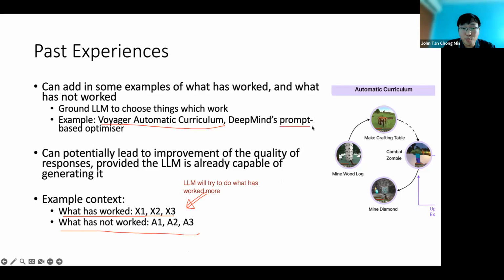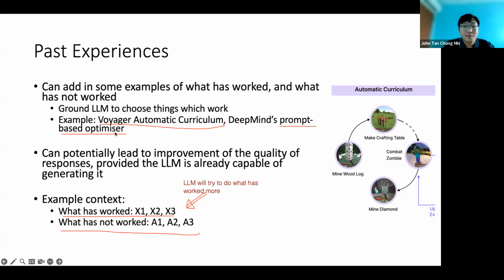Recently, the prompt-based optimizer by DeepMind, the one that says take a deep breath and think step by step, is also similar. They give the prompts and the score, and then they ask the LLM to optimize the score. Okay, I don't agree with the approach, because I don't think LLMs are great optimizers. It just learns how to associate, but optimizing stuff, that's not the right architecture to use.